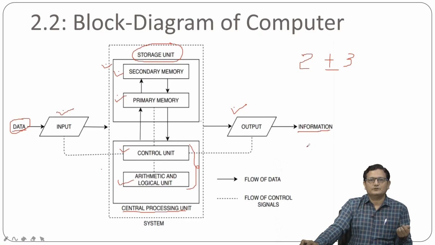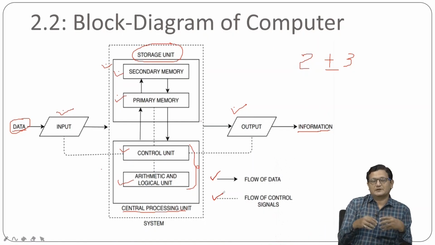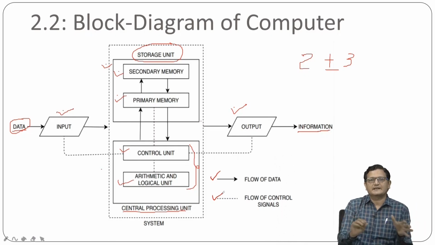So here there are two types of lines I have used. This solid line is showing a flow of data, and this dotted line is indicating a controlling signal, right? So basically as I said, the control unit is controlling all the circuitries of the computer.